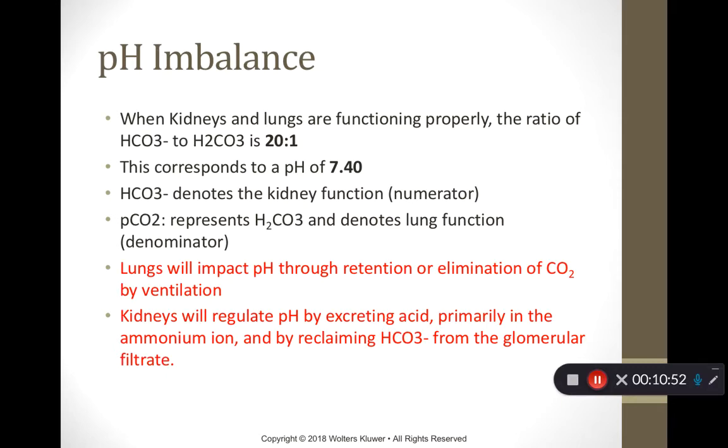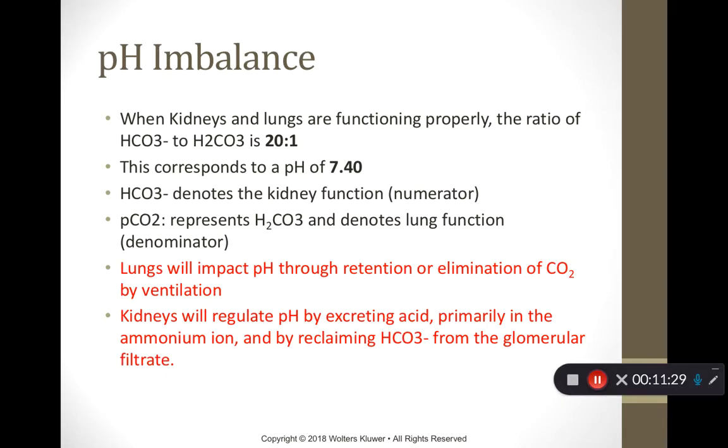Okay, so when the kidneys and lungs are functioning properly, the ratio of bicarbonate to carbonic acid should be 20:1, and that would correspond to a normal pH of 7.4. The bicarbonate level denotes kidney function, and is the numerator of the calculation, and partial CO2 represents carbonic acid, which denotes the function of the lungs, and is the denominator.